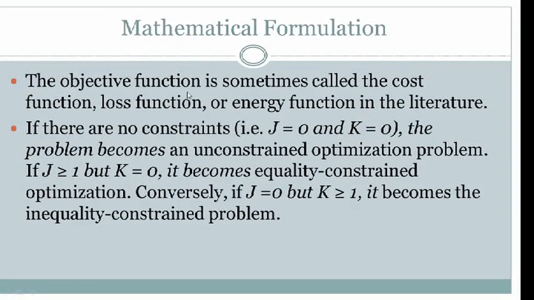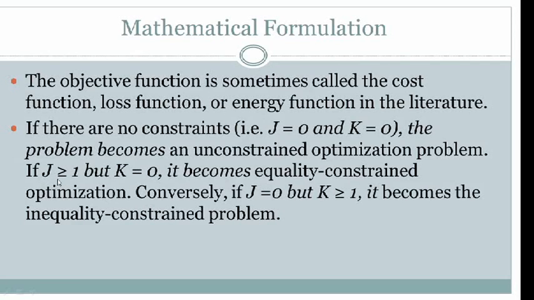Now the objective function is sometimes called cost function, loss function, or energy function in the literature, depending on what we are solving, whether finance or economics, etc. If there are no constraints, that is j equals 0 and k equals 0, the problem becomes an unconstrained optimization problem.